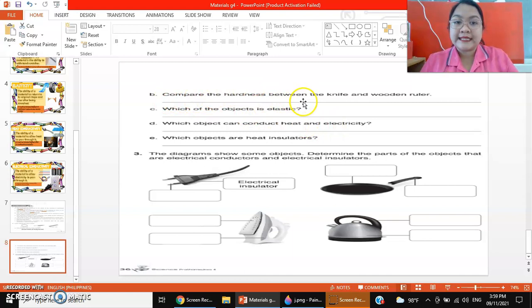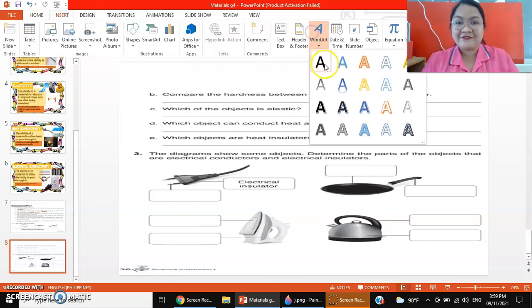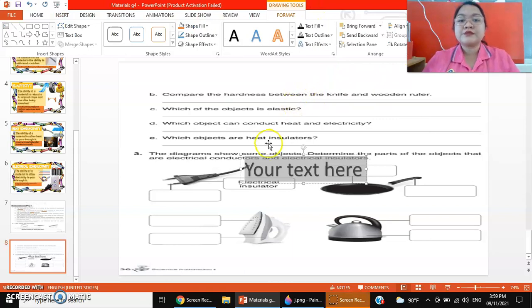Okay, next, letter B. Compare the hardness between the knife and the wooden ruler. So which is harder between the knife and the wooden ruler? So which do you think is harder? Is it the knife or the wooden ruler? 5, 4, 3, 2, 1.